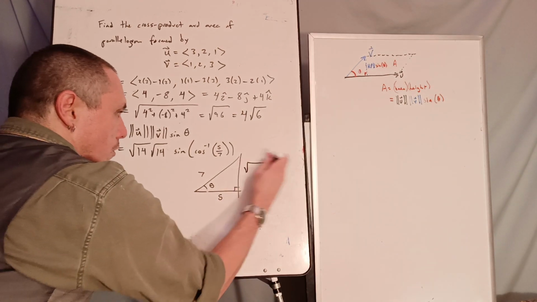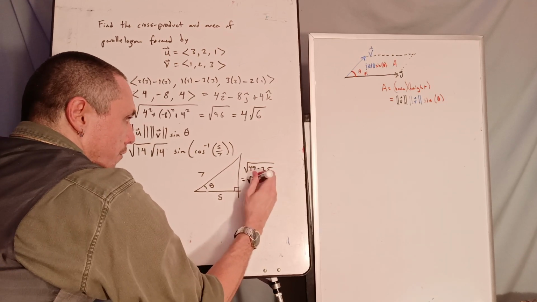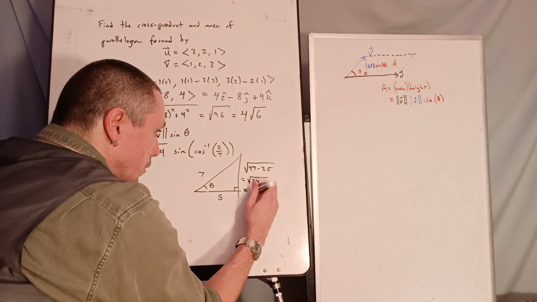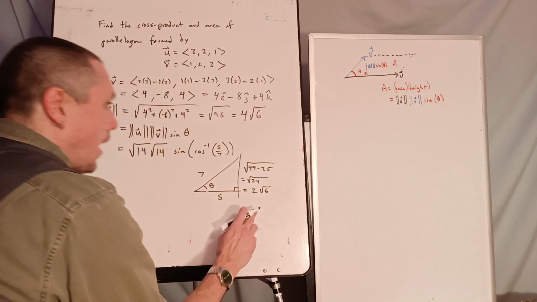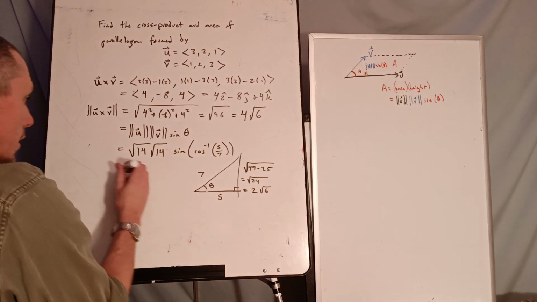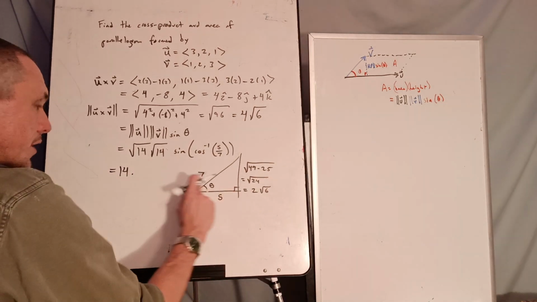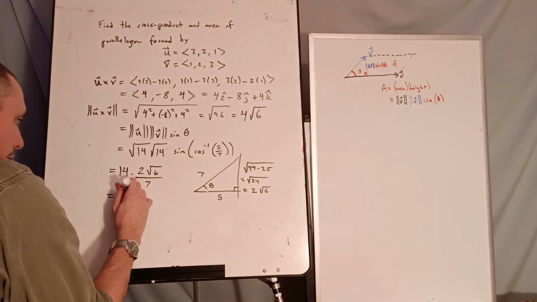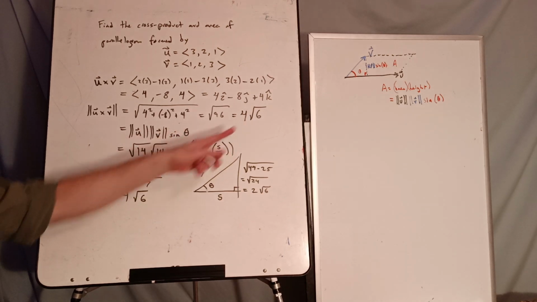It's going to be the square root of 49 minus 25, aka the square root of 24, which is just 2 radical 6. And so what is sine of theta? Sine of theta is 2 radical 6 over 7. And then that's 4 radical 6 again. So that's also, I think, a better way of still getting the exact radical answer.